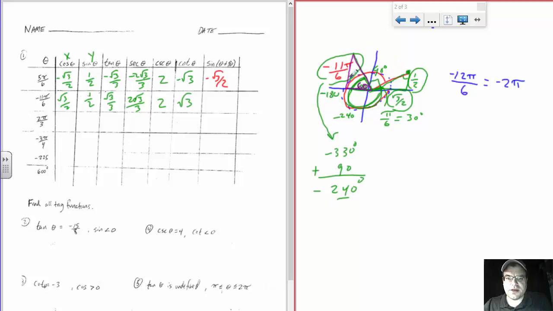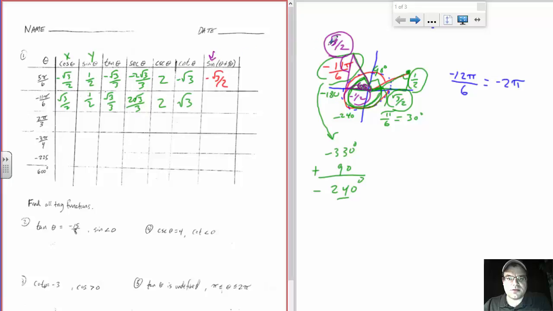So now I know this side is negative 1/2, and this side right here is positive root 3 over 2. This is your sine, and this is your cosine. What they asked me for is sine, so this is root 3 over 2. That's how you find it. Remember, the sine is a y value.